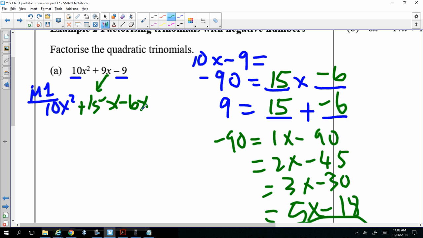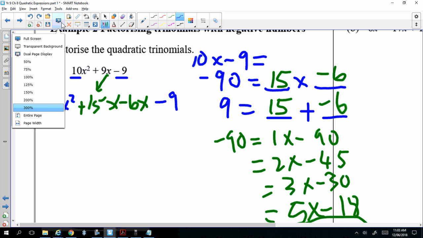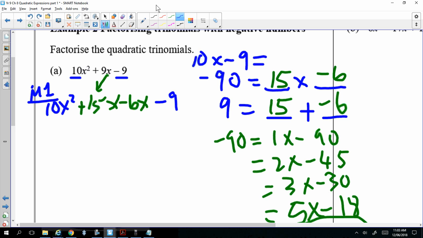Then you group in pairs. What's the common factor between 10x squared and 15x? 5x, which leaves 2x plus 3.